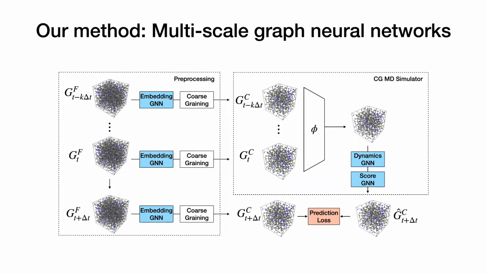The entire model is trained end-to-end by minimizing the next step mean square error prediction loss. Here, we color all trainable modules in blue and loss in red. The score GNN is a novel component we introduced in this work that is able to refine a potentially erroneous structure, thus resolving the long-standing issue of machine learning simulation becoming unstable when simulated for a long time.